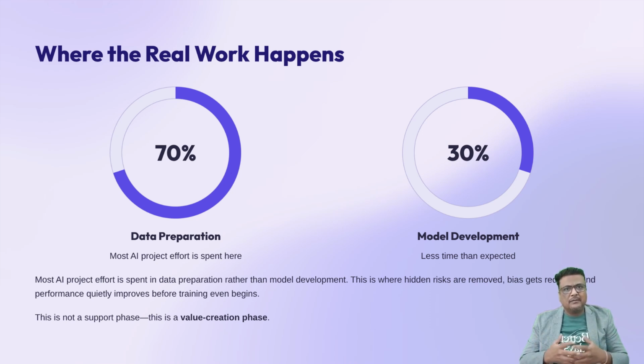I often tell my students, half joking but very serious, if your model is weak, look at your data prep before blaming the math. Phase 4 is where hidden risks are removed, it's where bias gets reduced, it's where performance quietly improves before training even begins. This is not a support phase, this is a value creation phase.